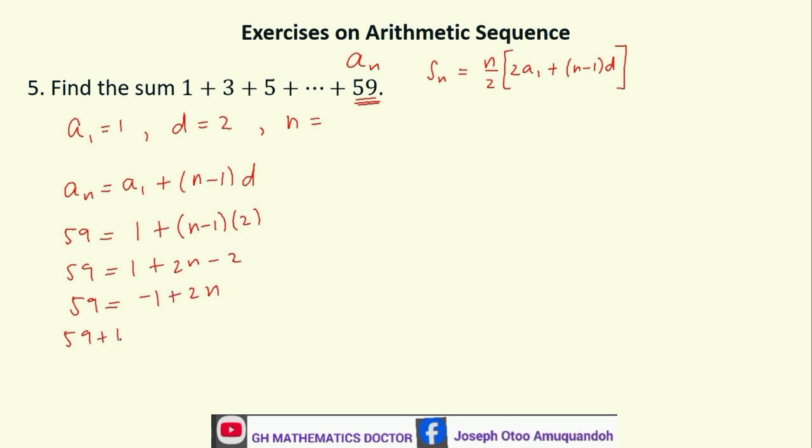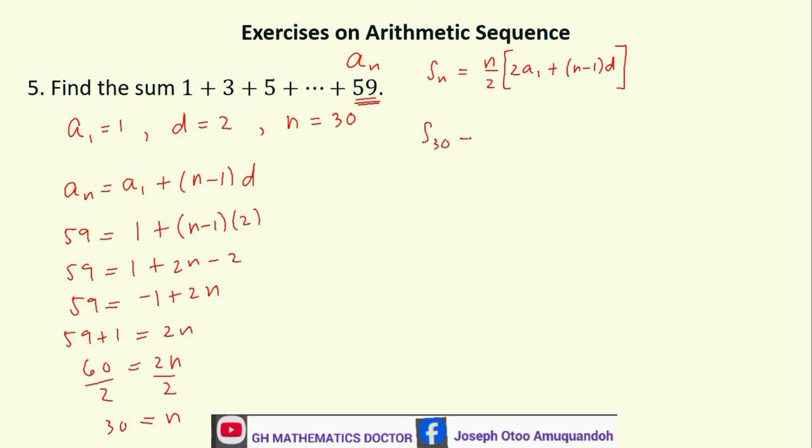So you group like terms, then divide both sides by 2, so our n is given as 30. Now you're going to do substitution. Wherever you see a, you put 1 there. Wherever you see d, you put 2 there. Wherever you see n, you put 30 there in the sum of the arithmetic sequence formula.